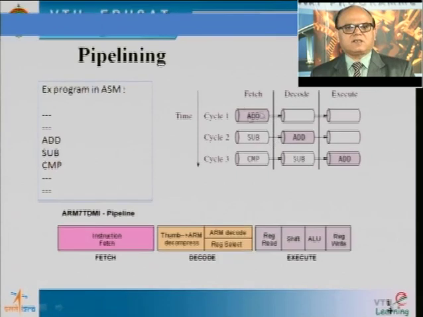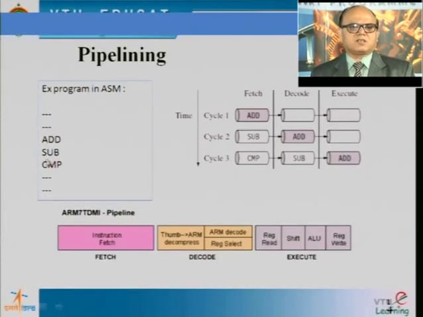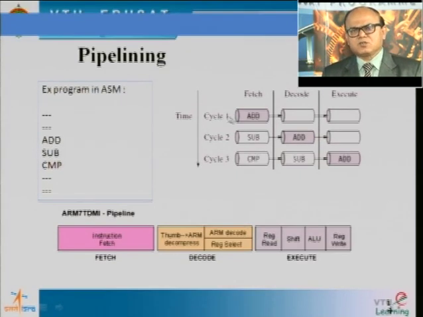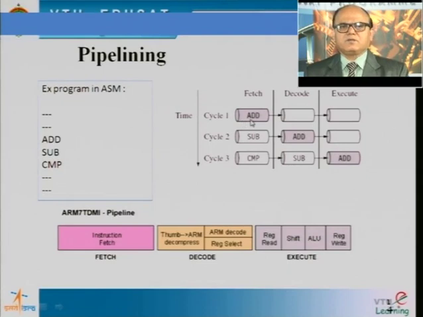On the other side I have shown the specific cycle numbers. In a specific cycle, I have the instructions add, subtract, compare. When the add is getting executed here, the subtract instruction is in the decode stage and the compare instruction is in the fetch stage.